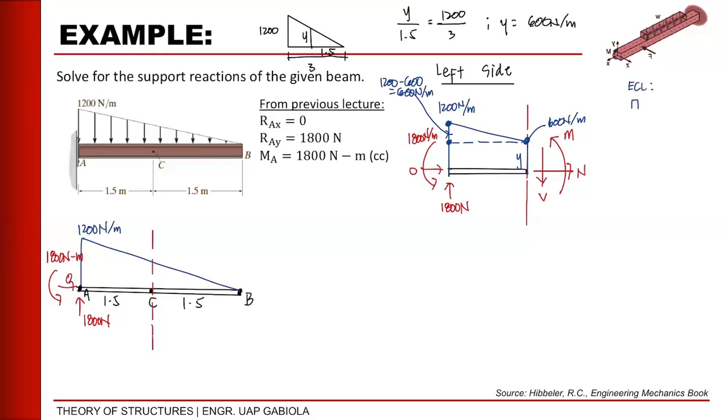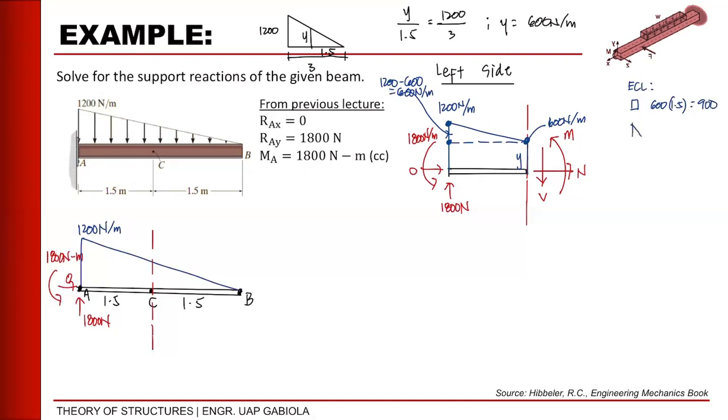Okay? For the rectangle, our ECL again is the area. So, base times height. So, 600 times, how much? 1.5. Okay? We have 900.